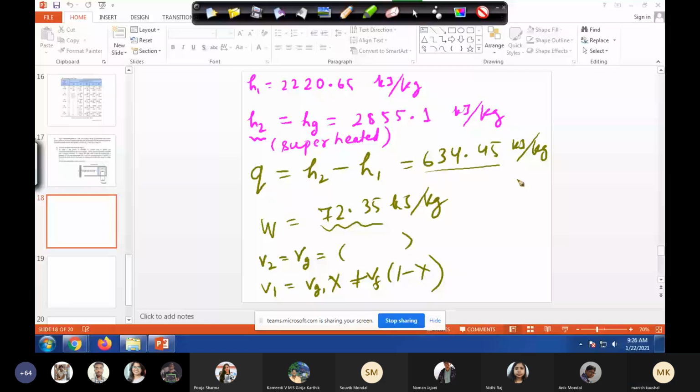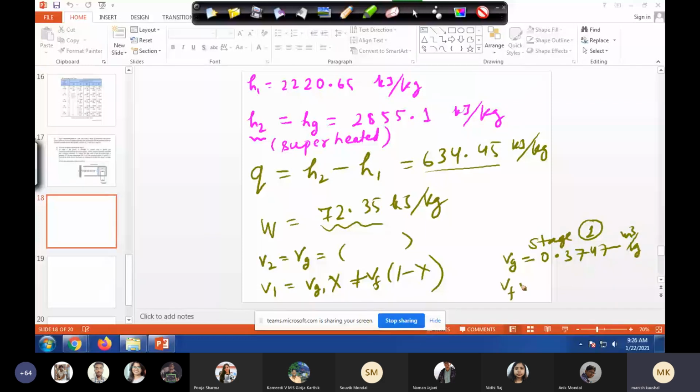I forgot. Oh, 5 bar, okay. 5 bar, yeah. Because it's an isobaric process, at 5 bar we have Vg. So at stage 1, Vg is given as 0.3747 meter cube per kg, of course.